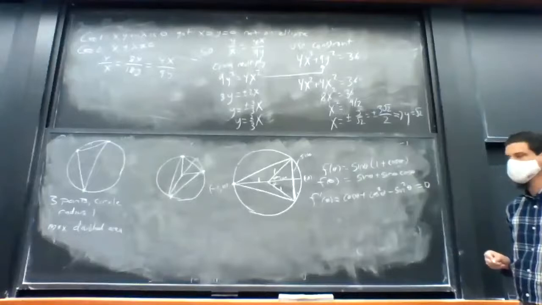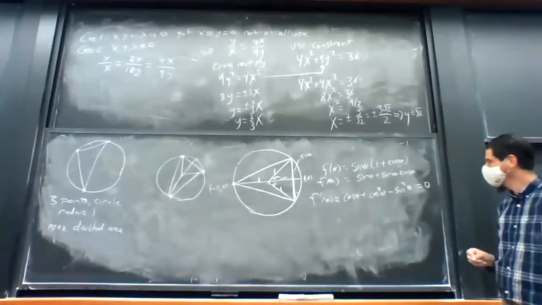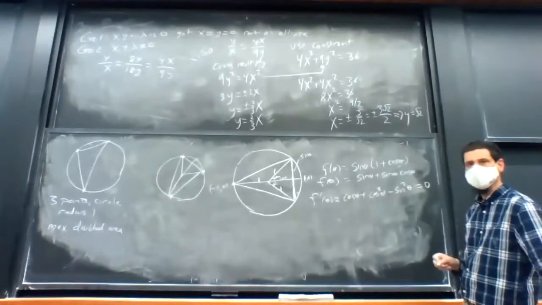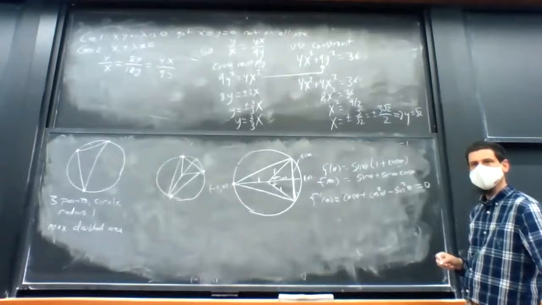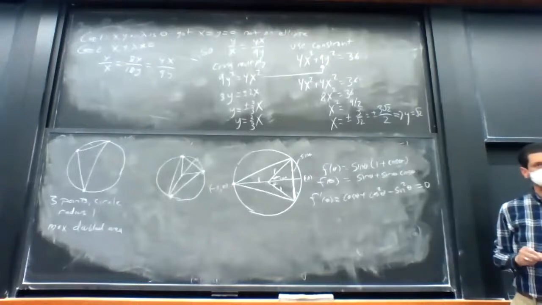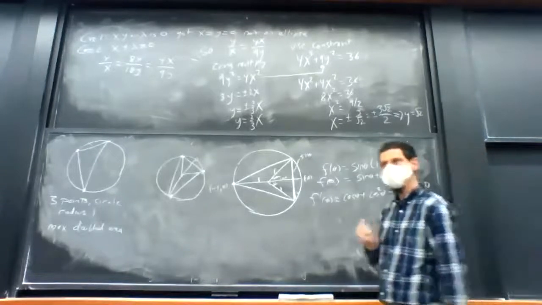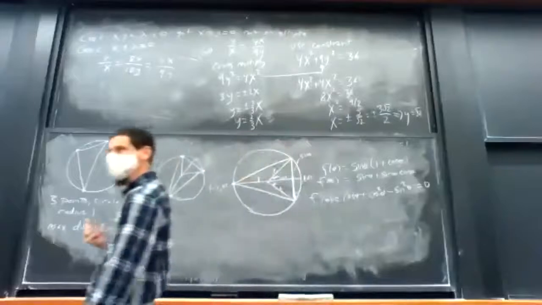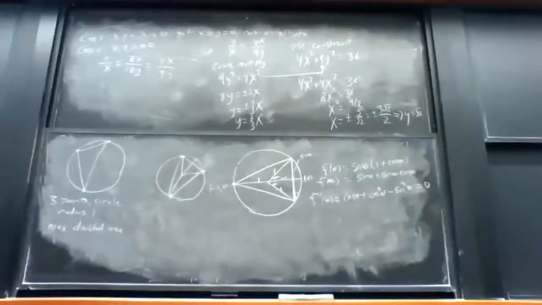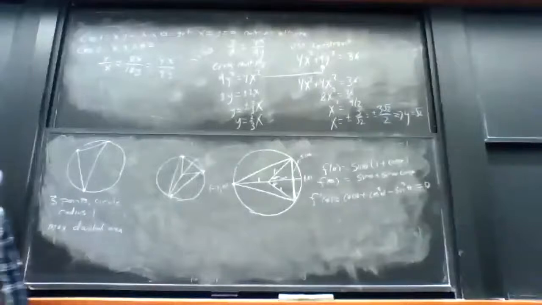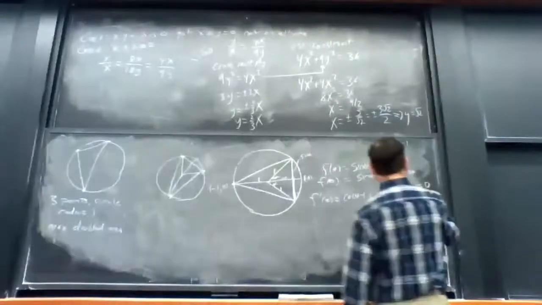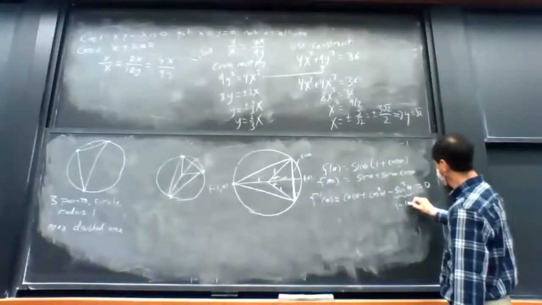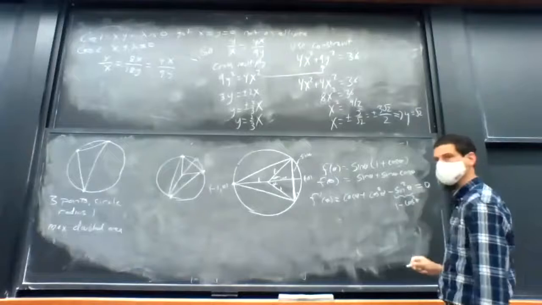Okay, so now we have to solve this equation. Does anybody know a relationship between sine squared and cosine squared? What's the relationship between sine squared and cosine squared? I'm sorry? The sum is 1. Excellent. So sine squared is the same as 1 minus cosine squared. Okay.